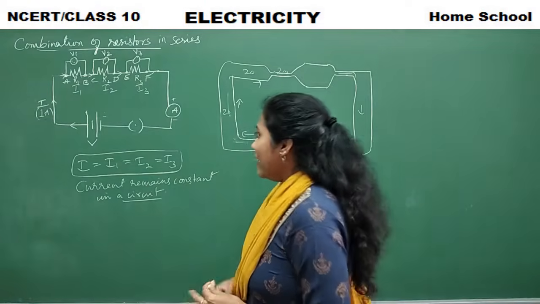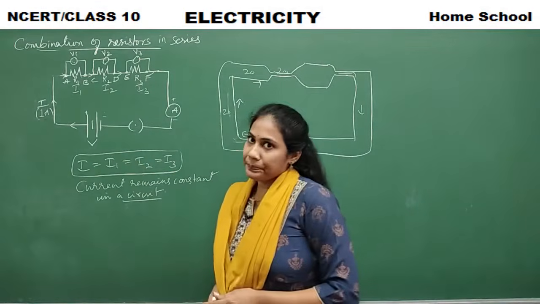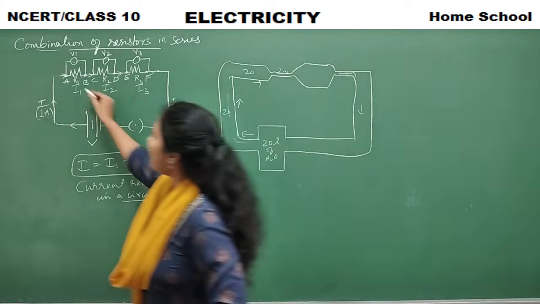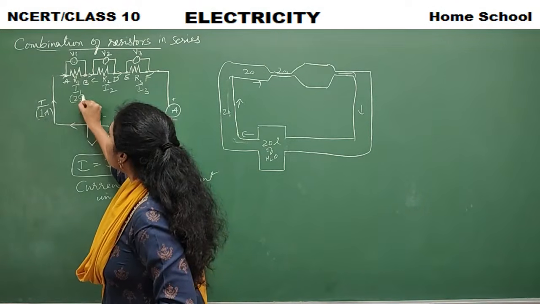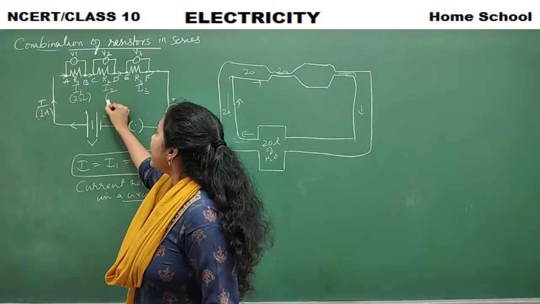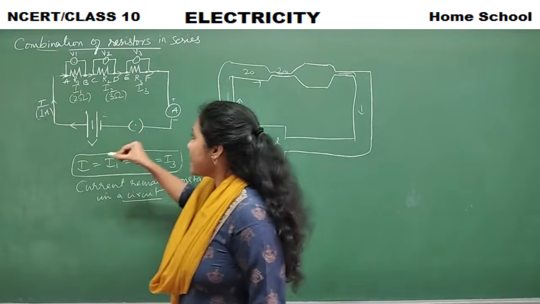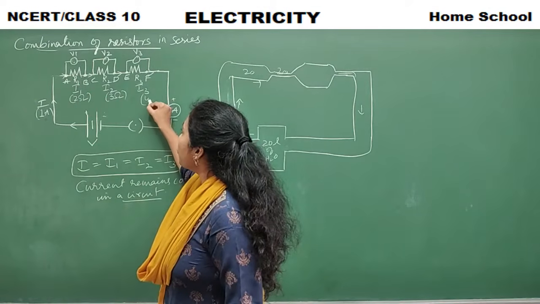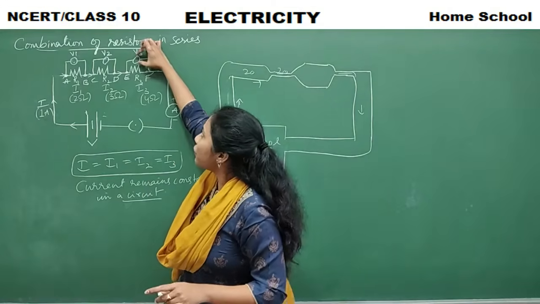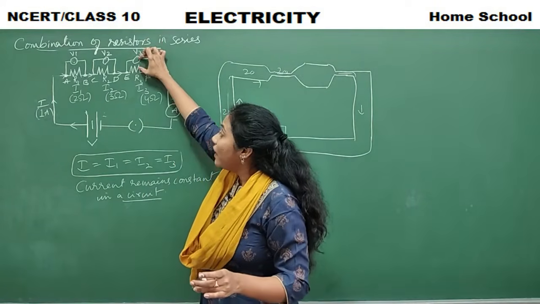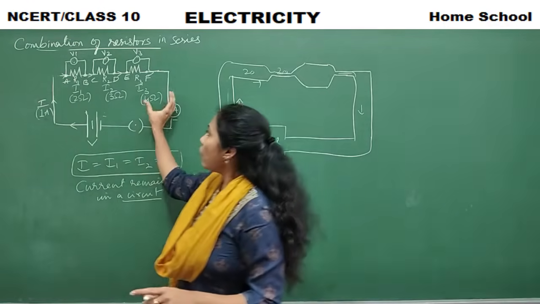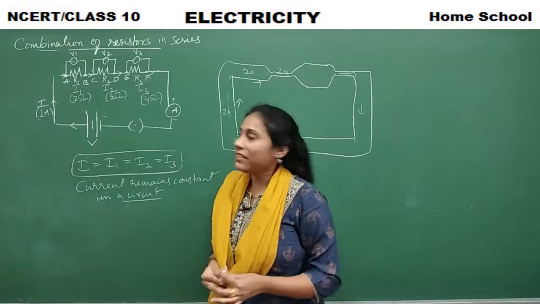And now let us see what will happen for the voltage. See here, for example, imagine here you have 2 ohms of resistance. So this resistor has 2 ohms of resistance, here you have 3 ohms of resistance, and here you have 4 ohms of resistance. Can you think of the amount of voltage that is shown in a voltmeter? Will it be high or less compared to the other resistors, or does the voltage remain the same as the original one?